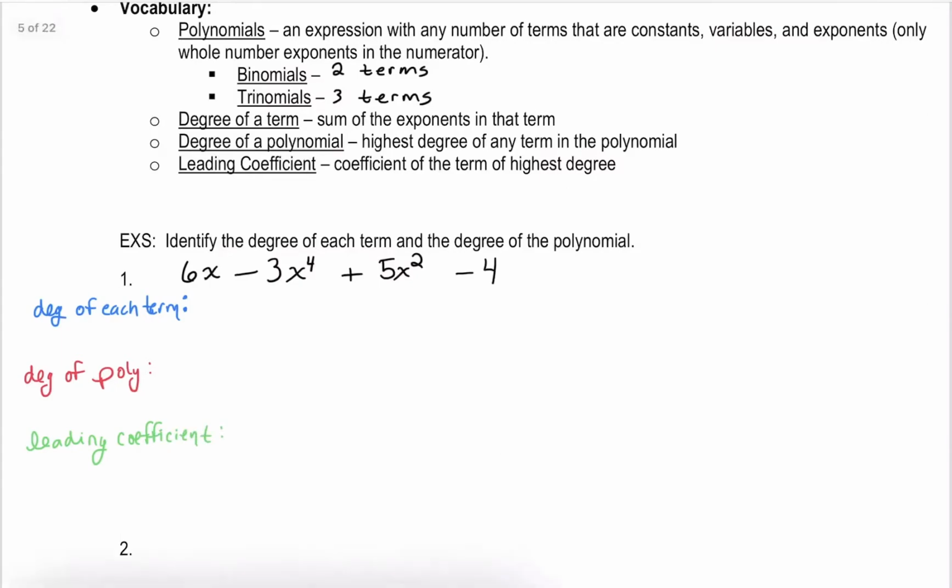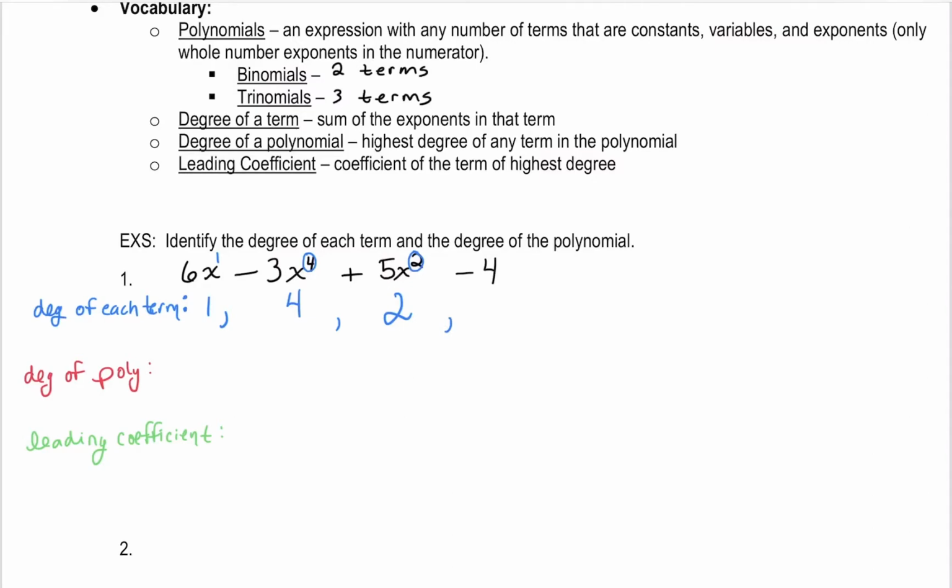All right, so the degree of each term, when it's one variable, is going to be kind of easy. It's just the power of the variable in that term. So this is an implied x to the 1st, so the first term is 1, x to the 4th is going to be a degree of 4. Next one is x squared, so the degree of that term is 2. The last one might be kind of intuitive.